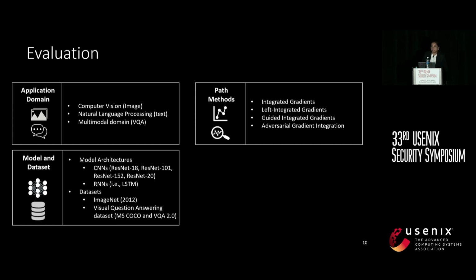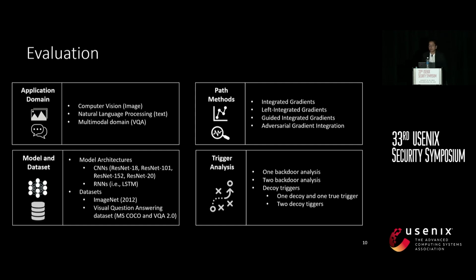The first one is obviously the integrated gradients, and the last 3 are just derivations on top of the integrated gradients. And for the trigger analysis, we did the 1 backdoor analysis, the 2 backdoor analysis, and the decoy triggers, which were meant to fool our Xplain. So in the evaluation section, the other explanation methods got fooled, but our explanation was perfectly able to determine what were the decoy triggers and what was the true trigger.